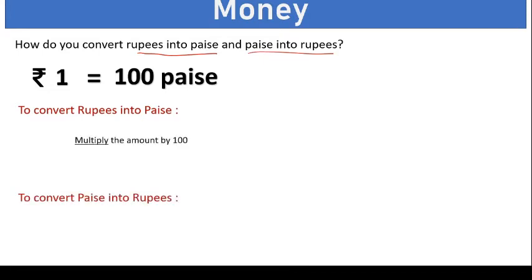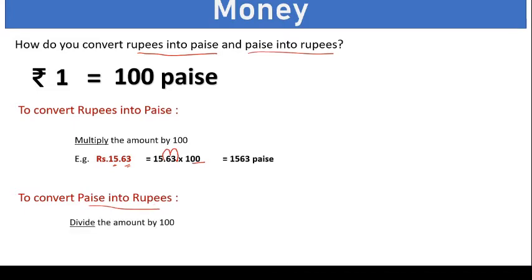When you convert rupees into paise, you need to multiply the amount by 100. For example, 15 rupees 63 paise needs to be multiplied by 100. Multiplying by 100 means moving the decimal point 2 spots to the right because 100 has 2 zeros. So the answer would be 1563 paise.